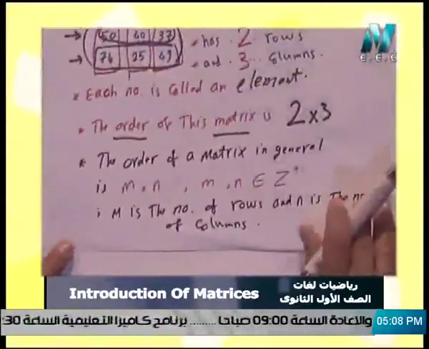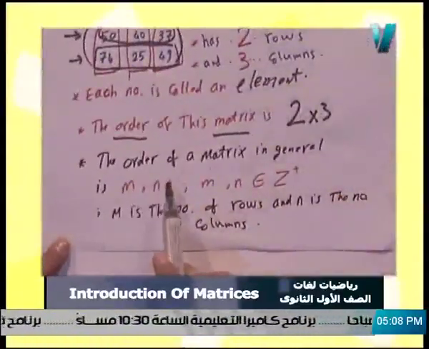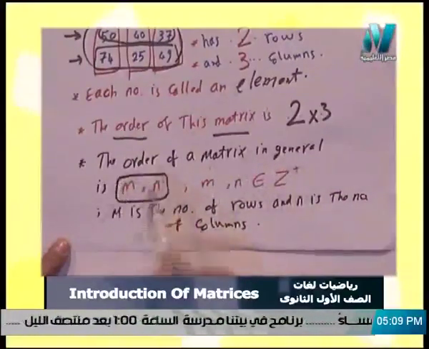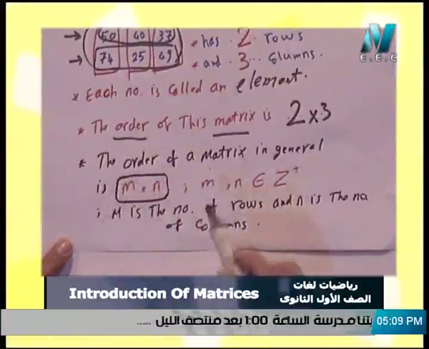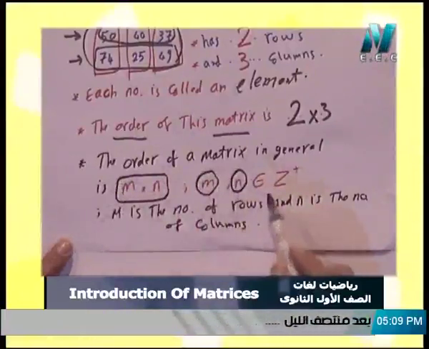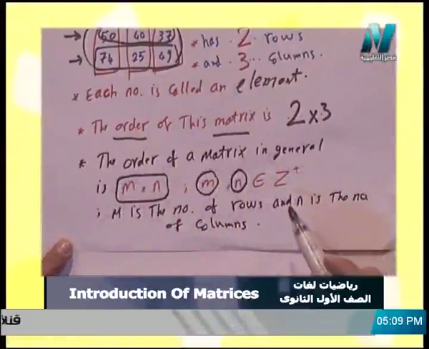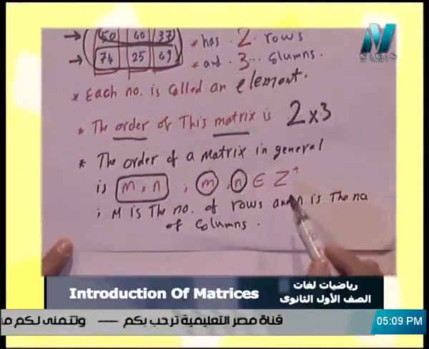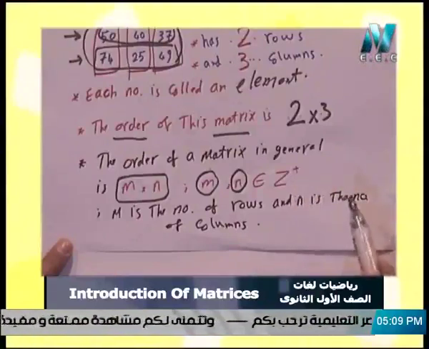Generally, we say that the order of a matrix in general is m by n. What are m and n? M and n must belong to Z positive. Z positive means no fractions, no decimals. It's only 1, 2, 3, 4, and so on.